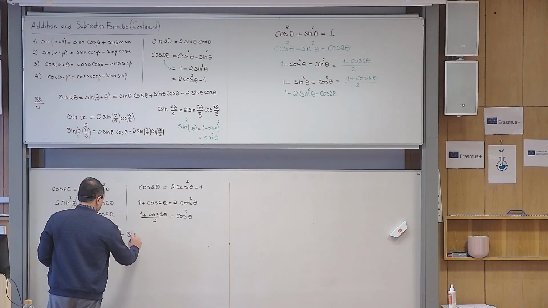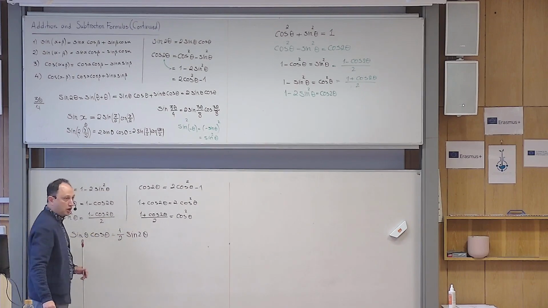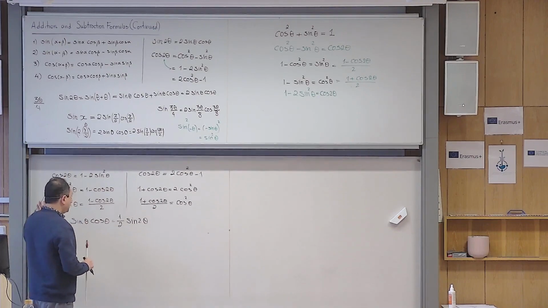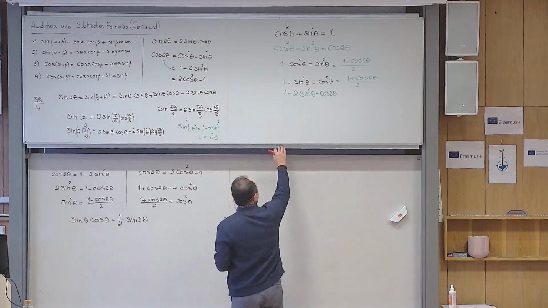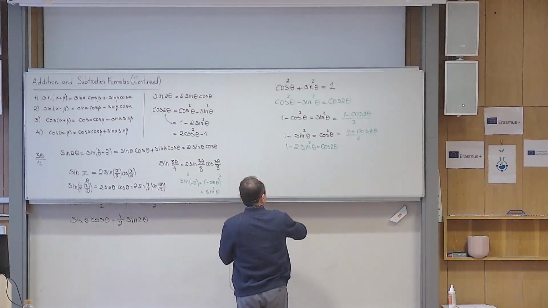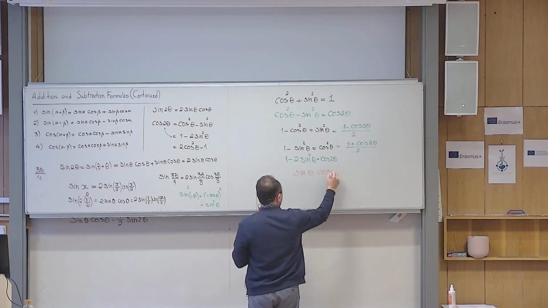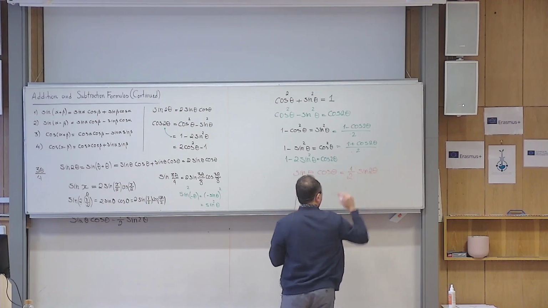If you have the product of sine and cosine of the same angle, then you can write it as 1/2 sine of 2 times that angle. Let me also add that formula there. I changed my color. If you see this combination, sine theta cosine theta, it should look familiar to your eyes. 1/2, and then you write sine of 2 times that angle.